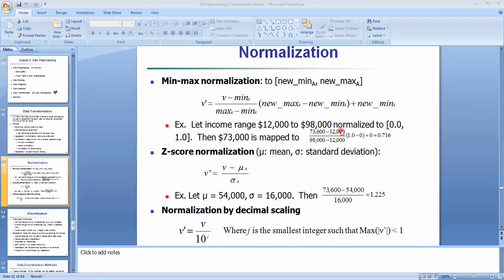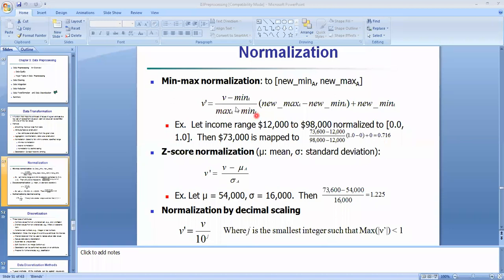The new max value is 1. The maximum value is 1 here and the minimum value is 0. So you just put the value 1.0 minus 0, plus new min, which is 0. It comes to 0.716. So this is the min-max normalization value.